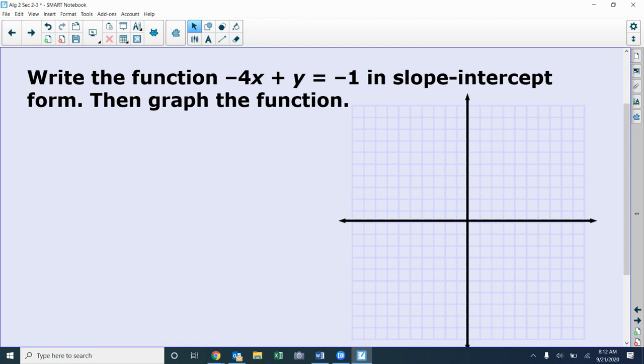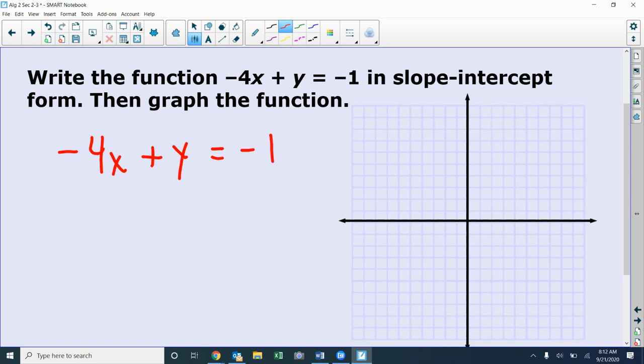So the equation is -4x plus y equals -1. Get that guy in slope intercept form. Give you a little 30, 40 second start on it. See if you can graph this line with y equals mx plus b.